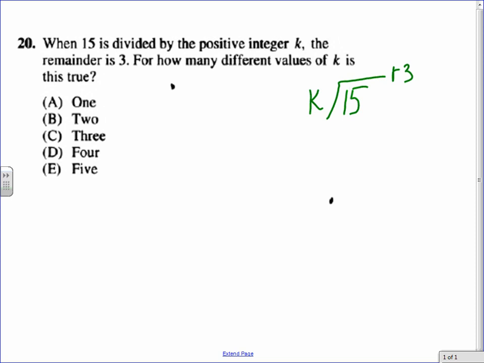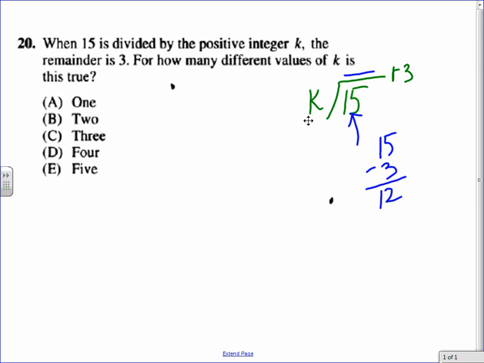So that means that this number that we get up here will multiply times k to give us a number that's 3 less than 15. So it could multiply to give us perfectly 12. Or it could also be any of the factors of 12.